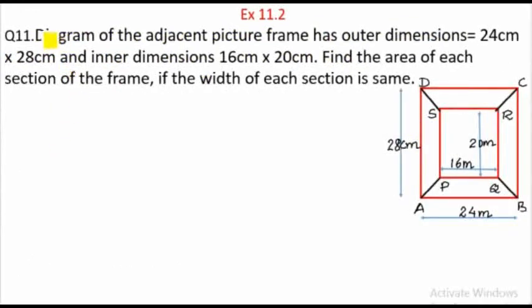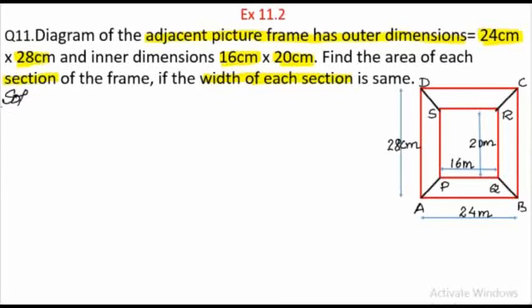Question number 11, exercise 11.2. The diagram of the adjacent picture frame has outer dimension 24 centimeter into 28 centimeter. The inner dimension is 16 centimeter into 20 centimeter. Find the area of each section if the width of each section is the same. Here the outer and inner dimensions are given.